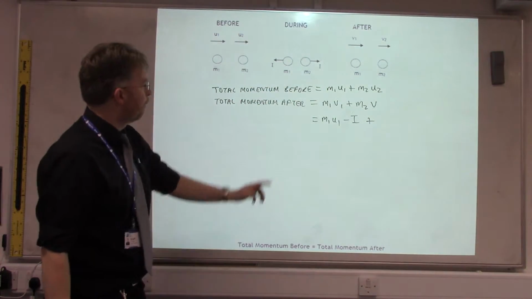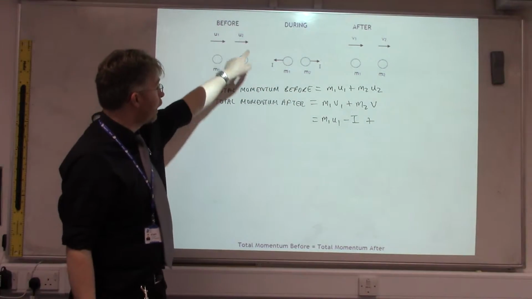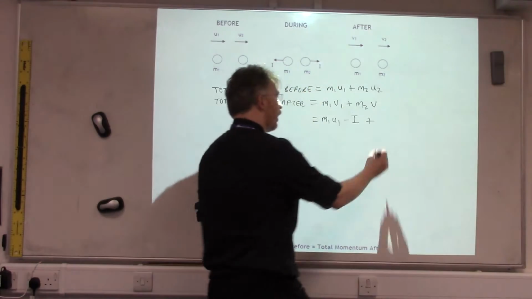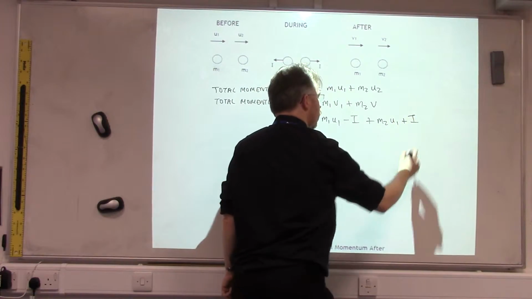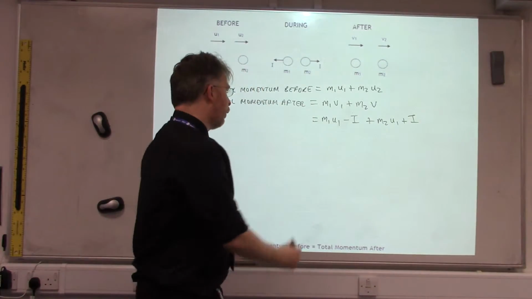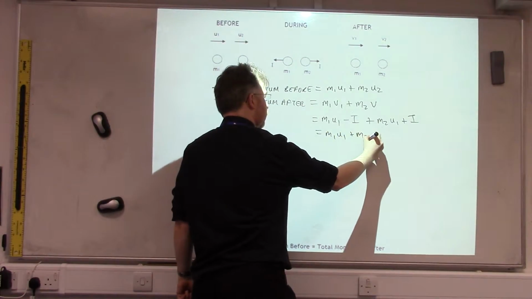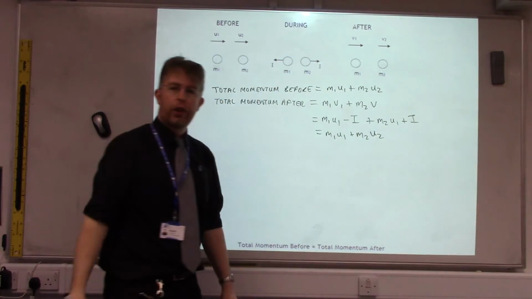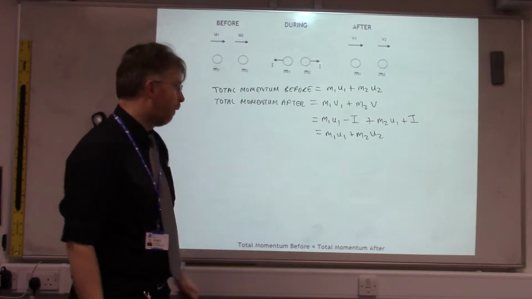Similarly for m2 u2, the second one, the impulse is to the right, so we would add I to change its momentum. But the I's cancel out. Minus I plus I is 0. So we get m1 u1 plus m2 u2, which is the same as the total momentum before.